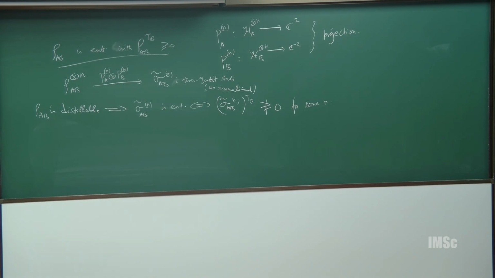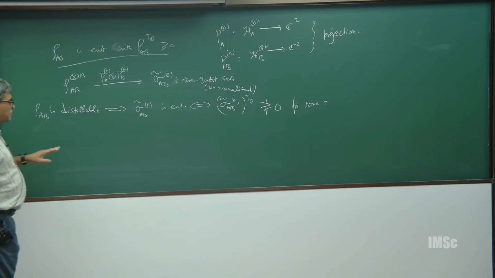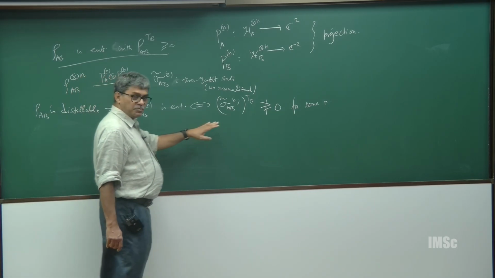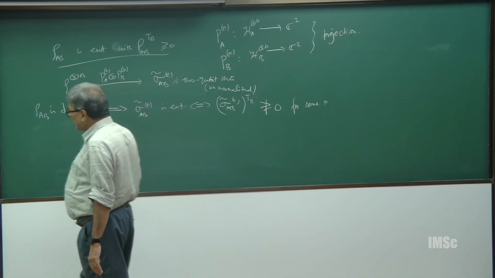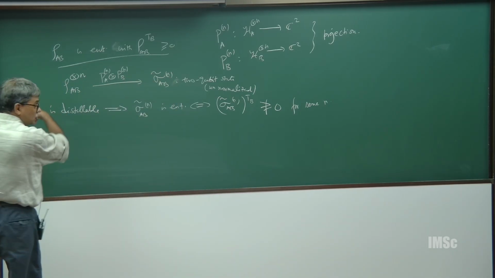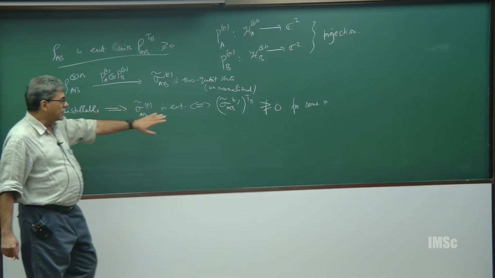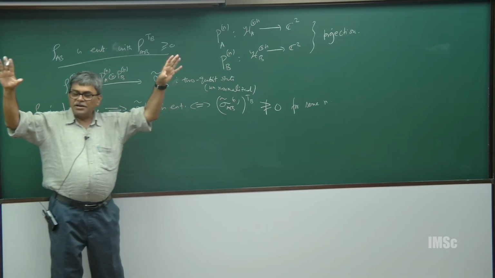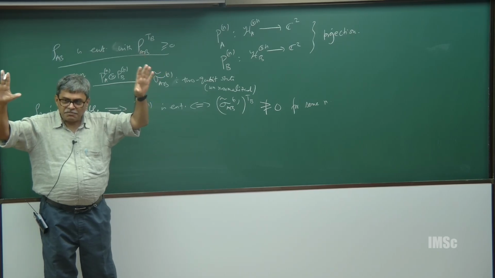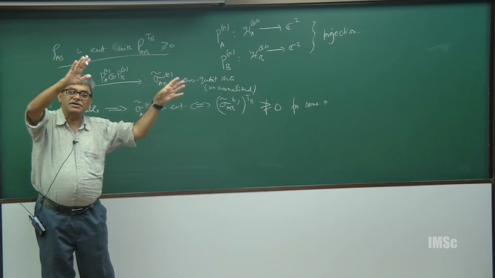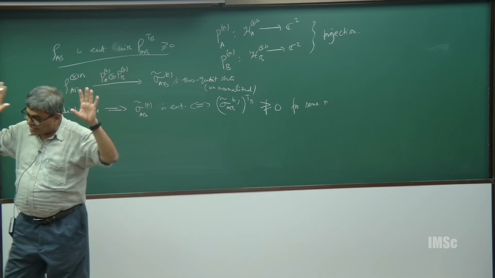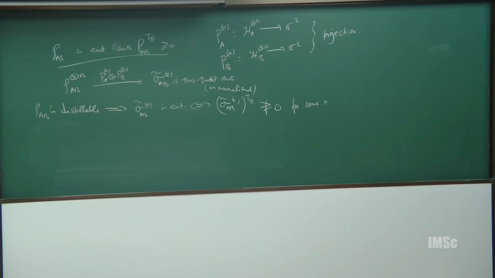So here you see that this notion of partial transposition comes into the picture. In fact, by reverse you can show that if the original state has positive partial transposition, no such thing can happen, because under LOCC positivity of partial transposition cannot go to negativity of partial transposition. Negativity of partial transposition can go to positivity, but the opposite cannot happen under LOCC.